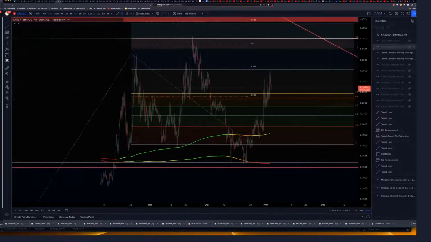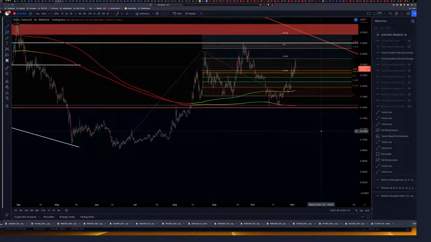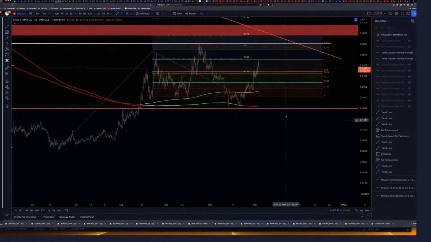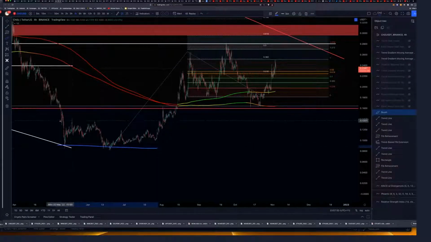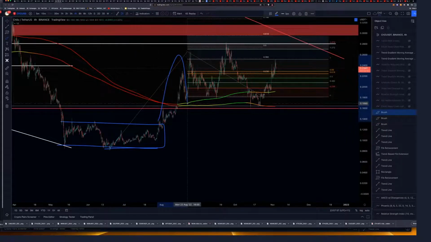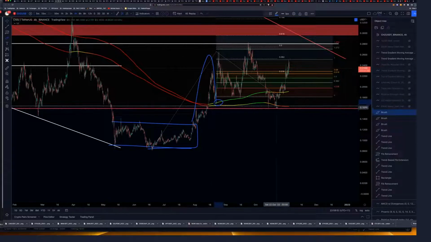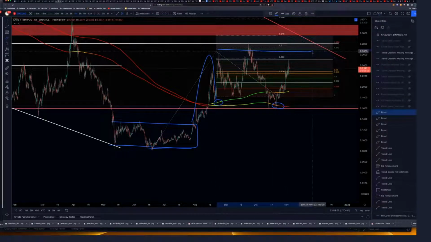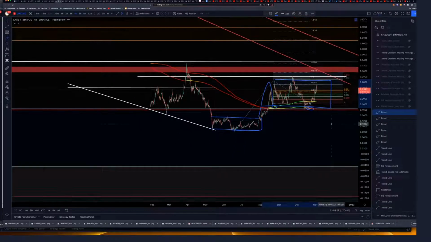Chili's is looking good. Found its resistance, but this is the thing about Chili's. This is the bottom, short term accumulation. It bounced and it found the support on the 200 moving average. And again, so to me, this is accumulation and potentially a move to the upside.